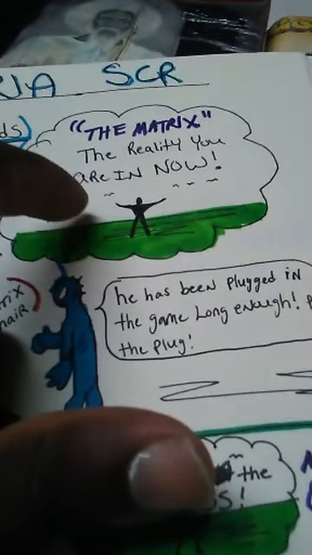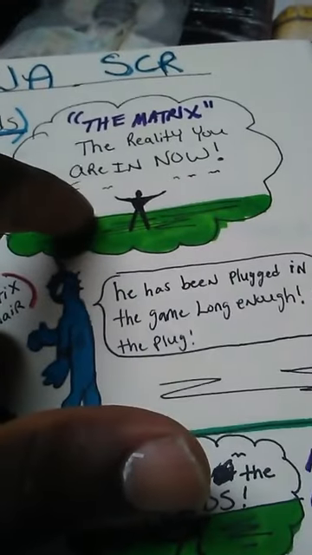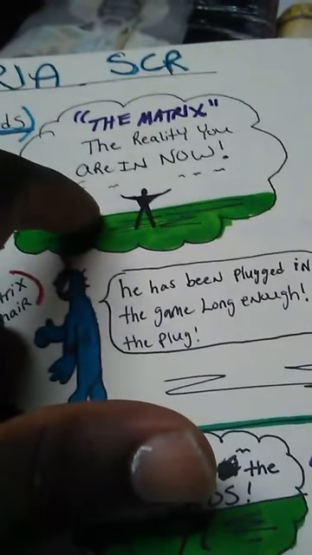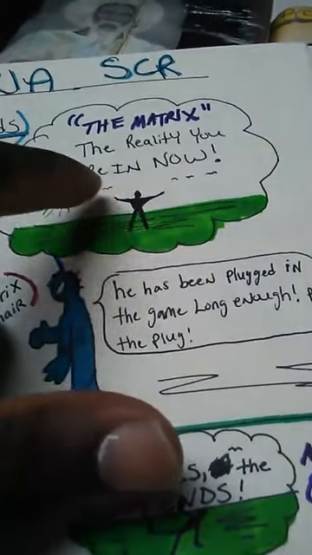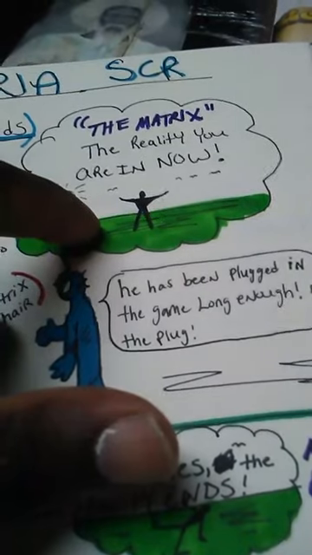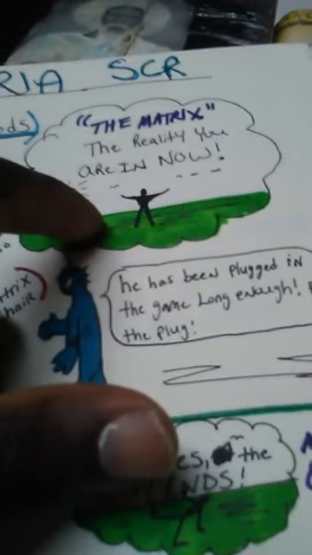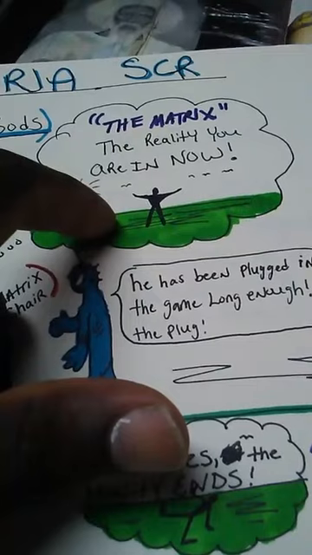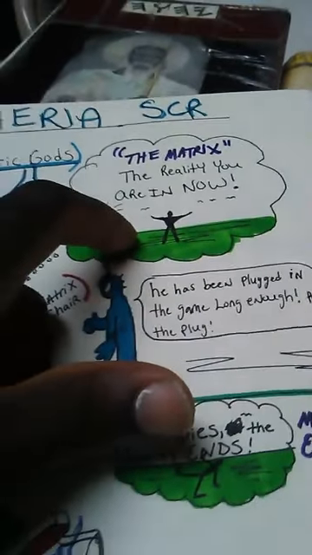So the reality that you are in now, all of this that's going on, whatever you see on the outside of you, the grass, sun, the birds, mountains, waters, rivers, ponds, creeks, bushes, stones, sticks, trees, family, friends, loved ones, all this that you see on the outside of you, which is this reality, it's not real. It's simulated.